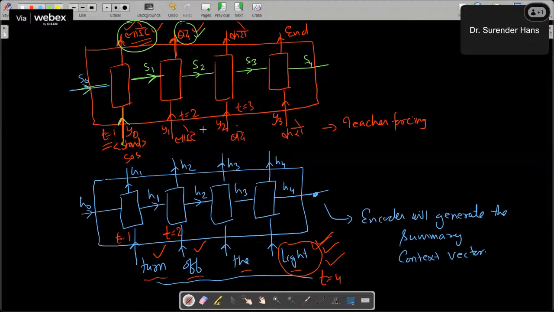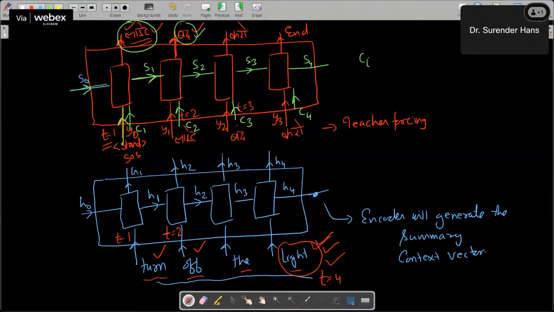Now in the attention mechanism, we have to pass one more additional input here. Clear? You can call them C1, C2, C3 and C4, which means the context vector. For any time step, we have to give the input Ci, and this Ci is called the attention input.